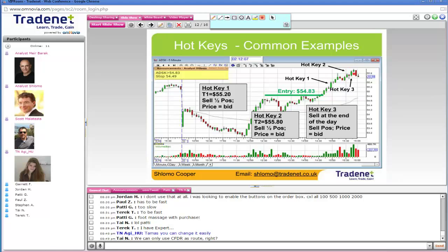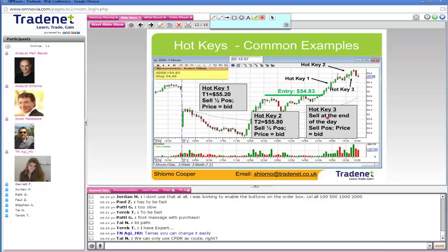The stock, you are left now with the last quarter, and this is a very, very nice uptrend ADSK turned out to be. At the end of the day, you are day traders, you want to cash out. As a day trader, you are not meant to be left with shares in your account. So you want to sell at the end of the day.